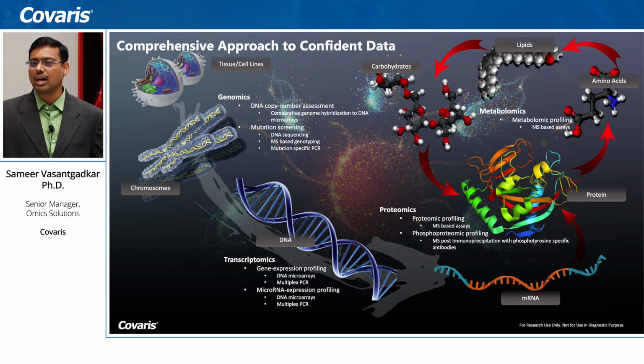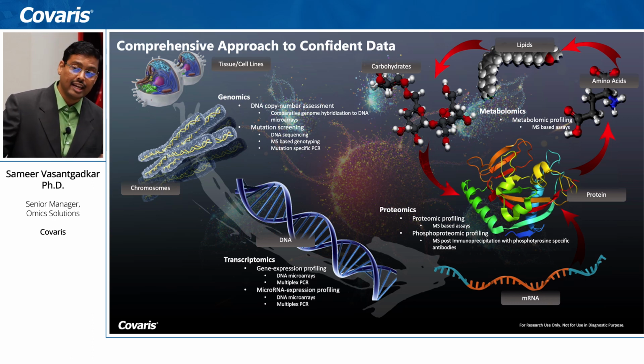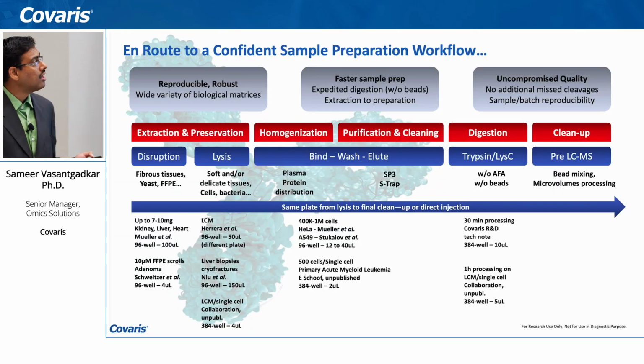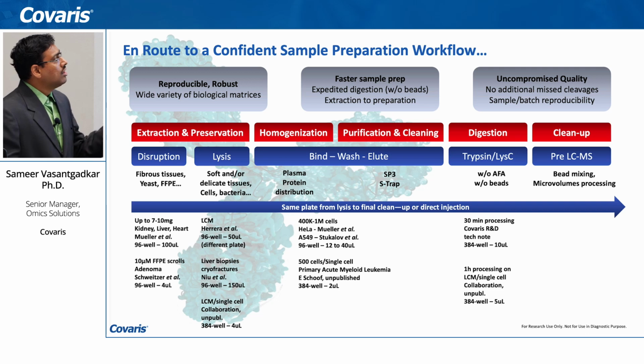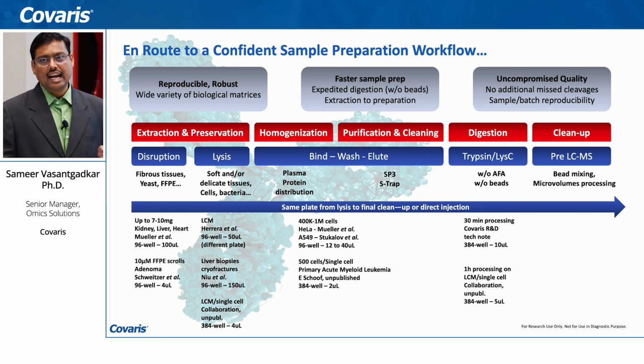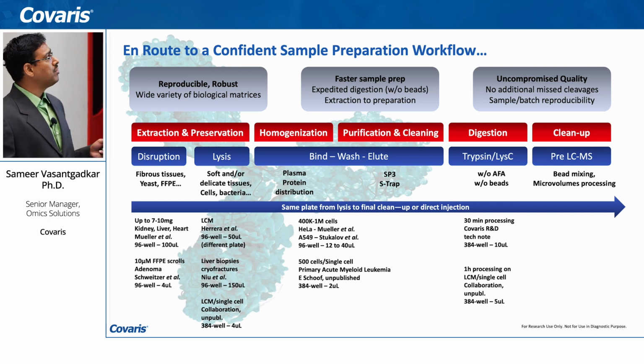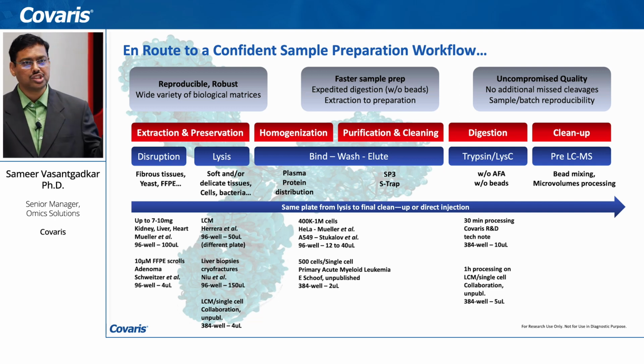What it really calls for is a versatile platform that can meet all these requirements. So Covaris technology fills exactly this gap, facilitating processing of complex samples and enabling extraction, isolation, purification, and digestion, resulting in peptides ready for mass spec analysis.